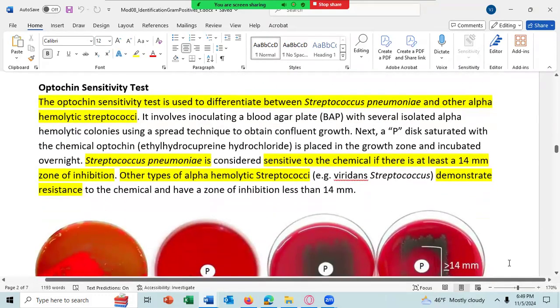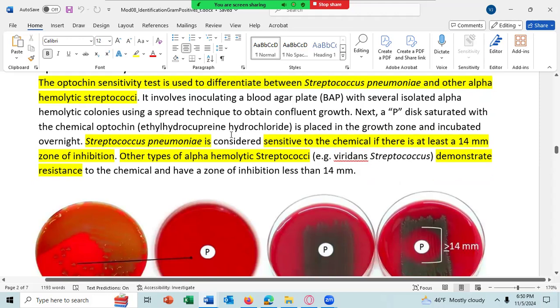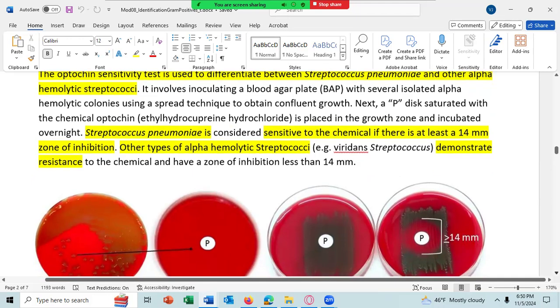All right, let's move on to the optochin sensitivity test. This test is used to differentiate Streptococcus pneumoniae from all other alpha hemolytic streptococci. We have other Streptococcus species which can be alpha hemolytic, and if we want to separate out Streptococcus pneumoniae from other members of the alpha hemolytic streptococci, we perform the optochin sensitivity test.